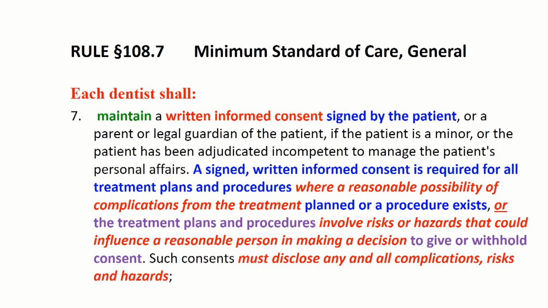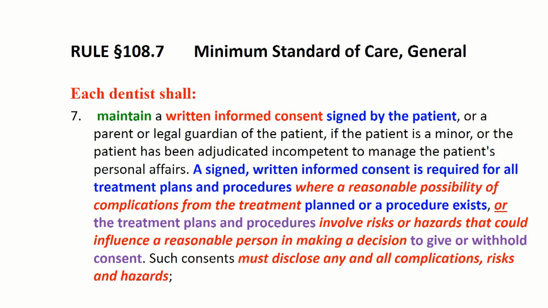A couple of things there. If the patient is a minor, it says either the parent or their legal guardian. A grandparent, a relative, a sibling, anyone other than what's listed in the rule, parent or legal guardian, would not be appropriate or compliant with this rule. You must have it signed by, if the patient is a minor, a parent or legal guardian.